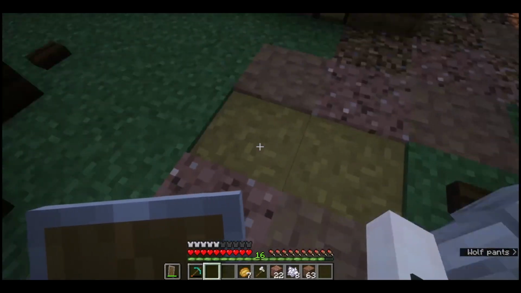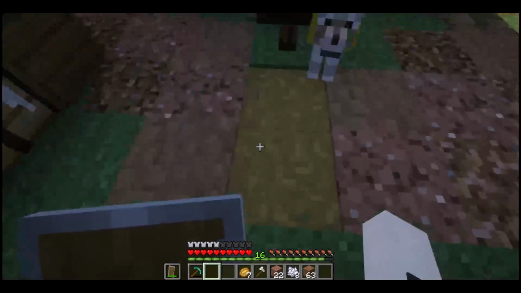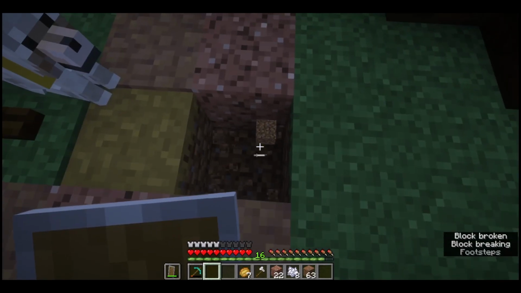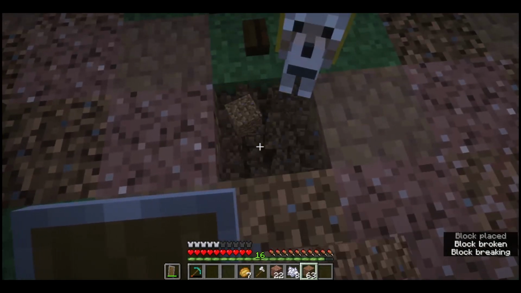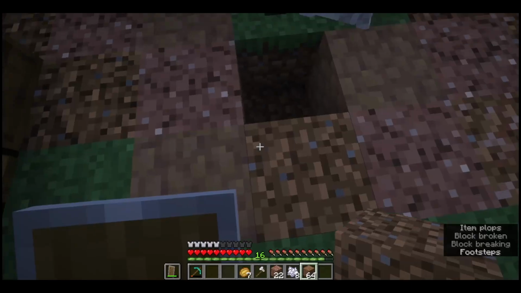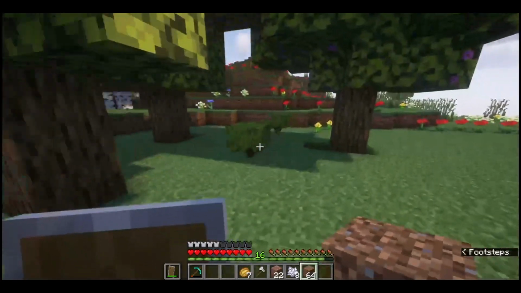Gosh dang it, how did I miss this? Okay. Coarse dirt. Rooted dirt. I don't even care anymore. Oh, I don't have any more rooted dirt. Dang it! I need these trees to grow.